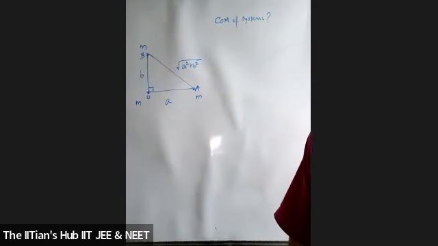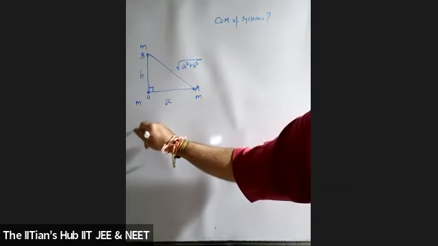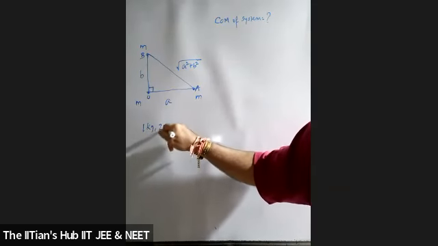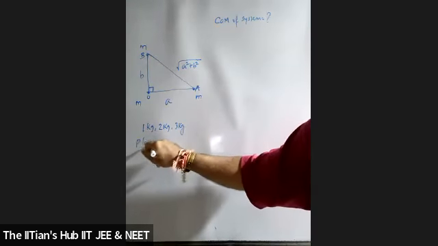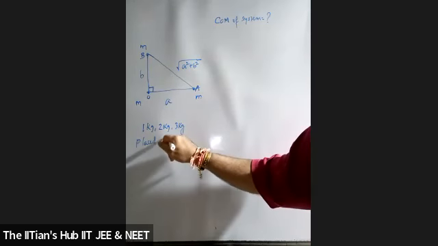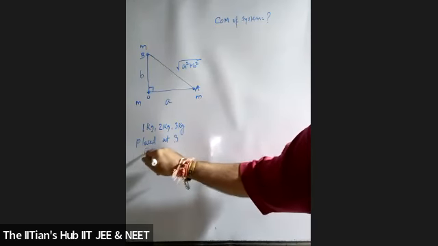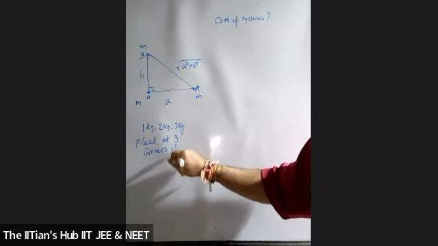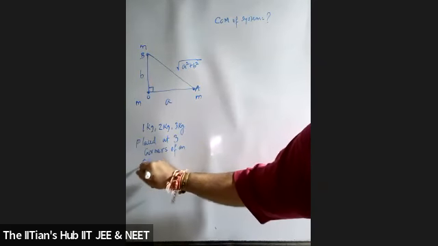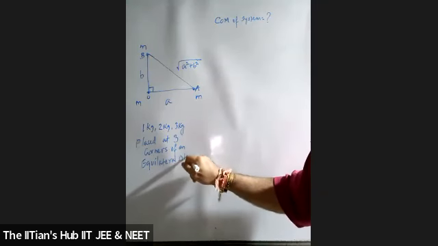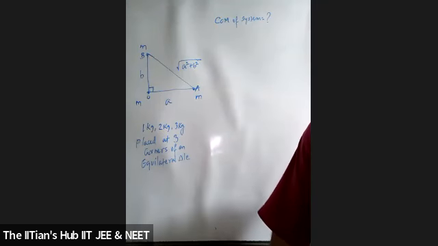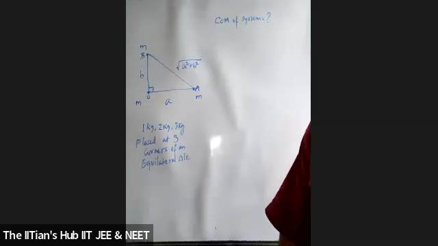I'm giving you one more question, students. Three particles each of mass 1, 2, and 3 are placed at three corners of an equilateral triangle. So 1 kilogram, 2 kilogram, 3 kilogram placed at three corners of an equilateral triangle, students, of side 2 meters.